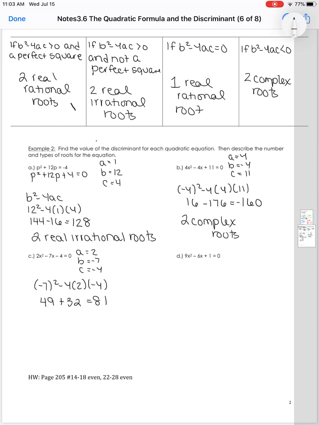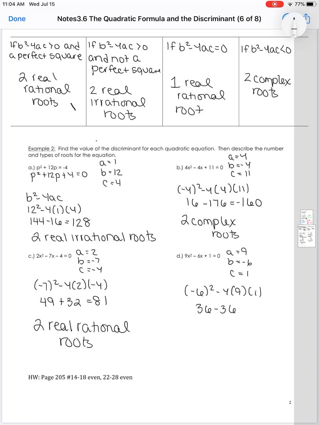For C, here are my values. b squared minus 4 times a times c. I get 49 plus 32, which is 81. Well, 81 is positive, so it's greater than 0, and it's a perfect square, so I'm going to have 2 real rational roots.